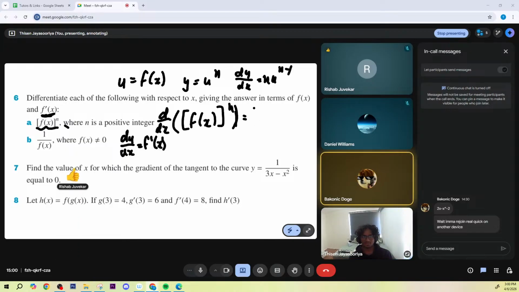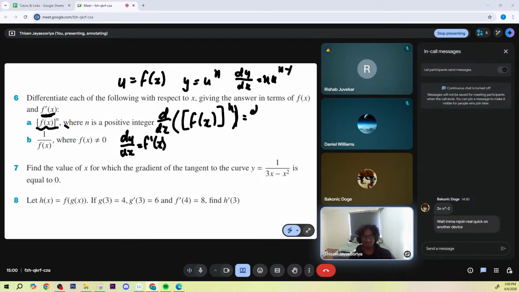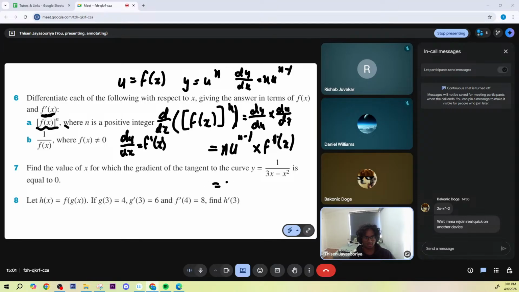So that means here we have dy on du times du on dx, which is just going to be n u to the power of n take away 1 times f dash of x, which is just going to be n times f of x to the power of n take away 1 times f dash of x.